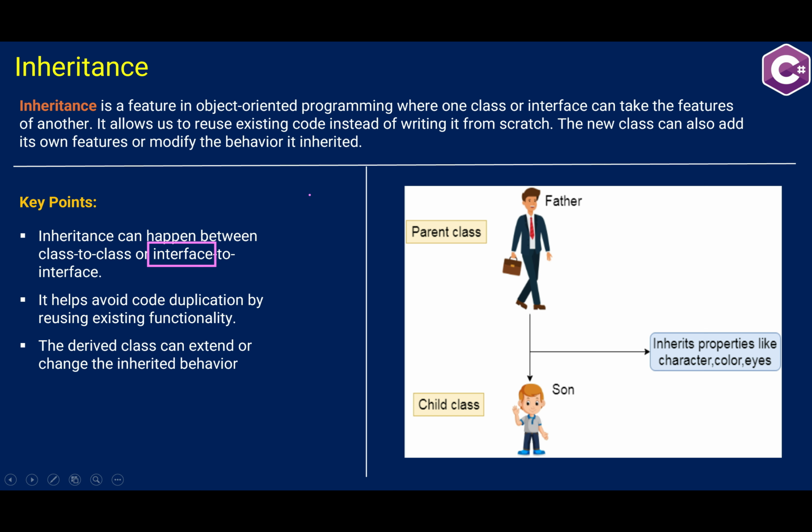Before we write the program about the interface, first we have to understand what exactly an interface is in C Sharp .NET, what is the use of the interface, and how we can take the reference of the interface to the class. All these concepts we will learn in the next sessions.